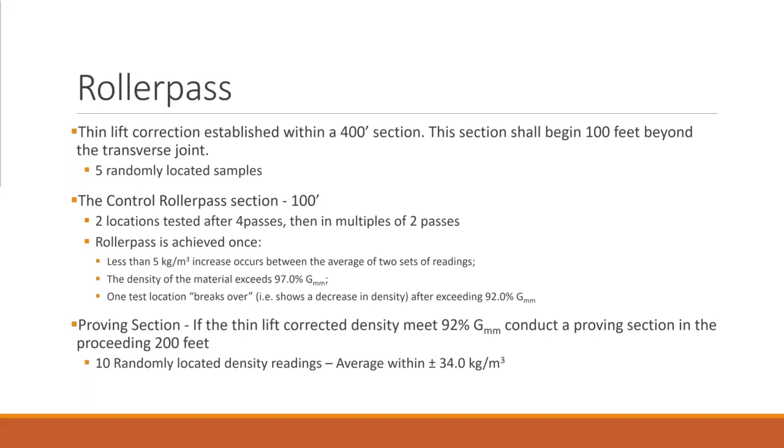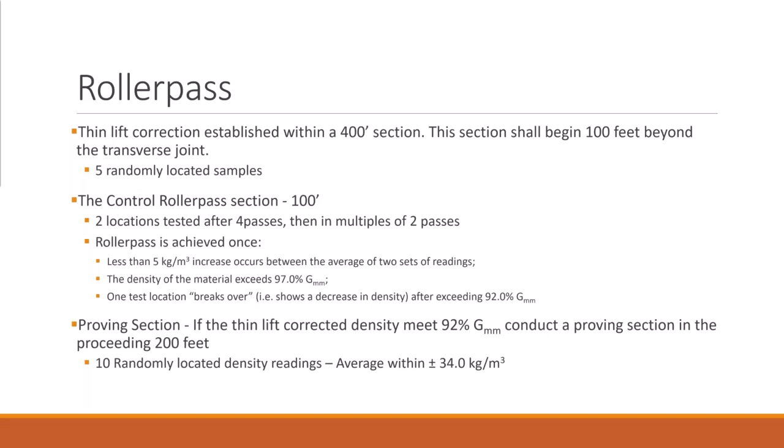You apply 4 passes, and then you do multiples of 2 until one of these 3 situations is achieved. Either you are gaining less than 5 kilograms per meter with 2 consecutive readings, your material exceeds the 97% GMM, or one of the locations breaks over after exceeding 92%.